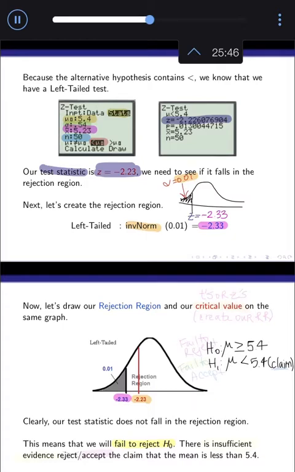So again, just like before, if we're failing to reject H0, then what are we doing with the alternative, the claim here? Then we're going to do the opposite. We're going to fail to accept.